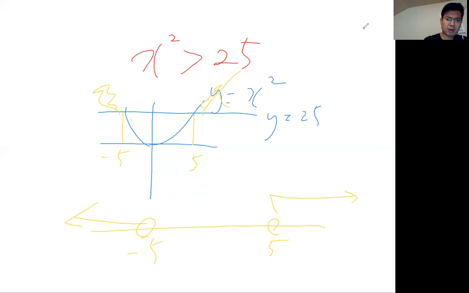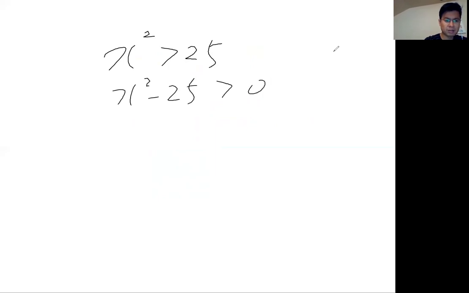Or easier, this is the way you're supposed to think about where this idea comes from. But when you think about just the inequality itself, you can do this: x plus 5, x minus 5.